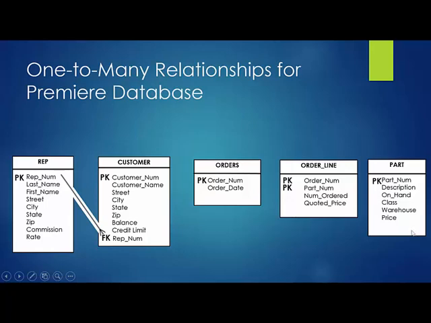Now, to form the relationship, we have to add the customer number foreign key to the orders table and put the relationship line with the many side pointing to the foreign key in the orders table. The other relationship lines are built the same way. One order can be associated with many order lines, and one part can be associated with many order lines.